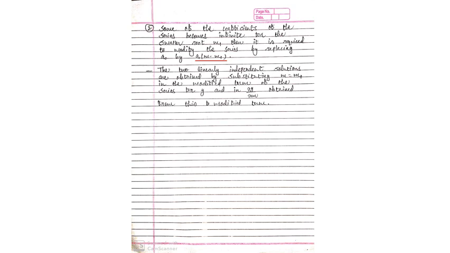Now next, the two linearly independent solutions are obtained by substituting m equals m1. So at the last, after putting this one term a0 into (m minus m1), you have to substitute m equals m1, that will be your smallest root, into the modified series for y.